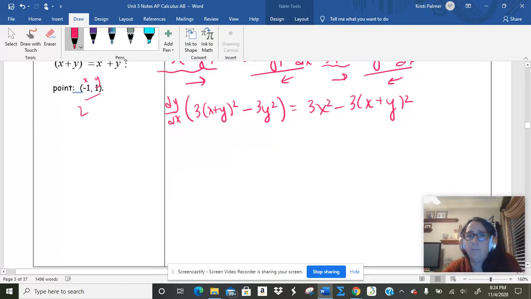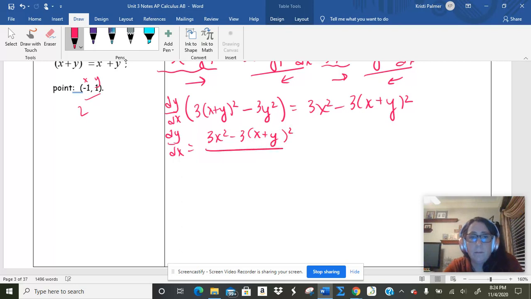And now I can divide. And I'm going to simplify my life a little bit by factoring out a 3, and it could go away. So I could take a 3 out and take a 3 out, and then 3 over 3 is 1.